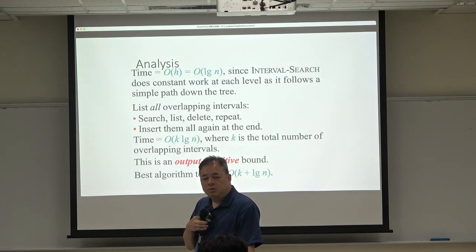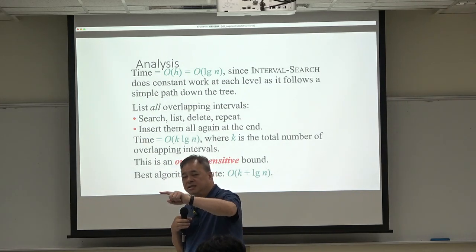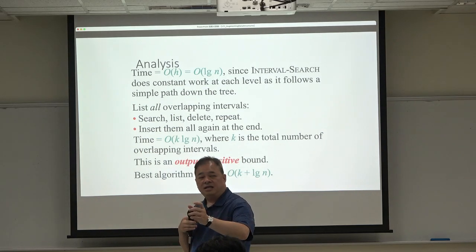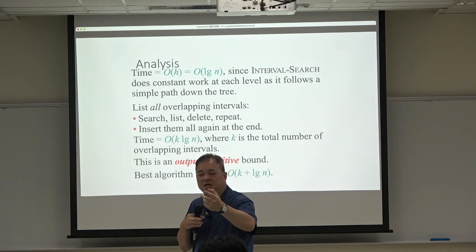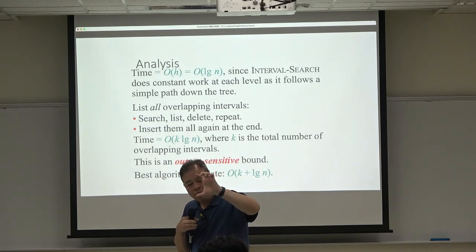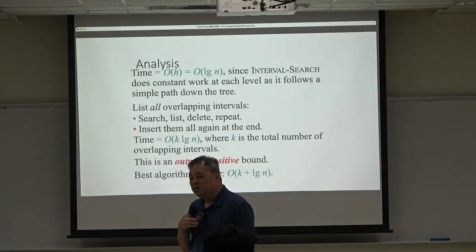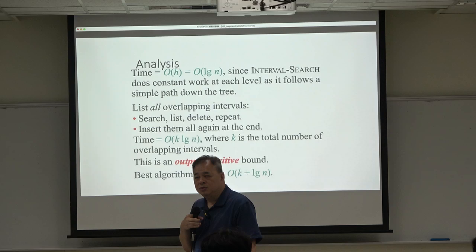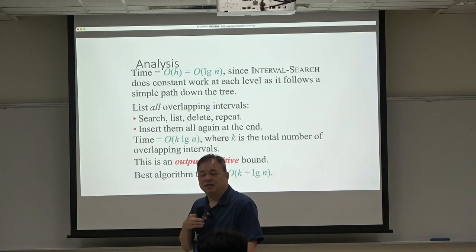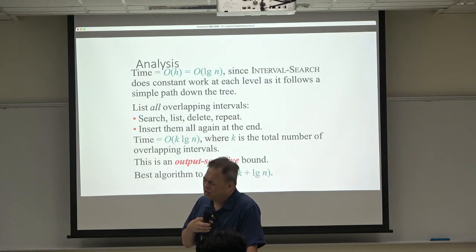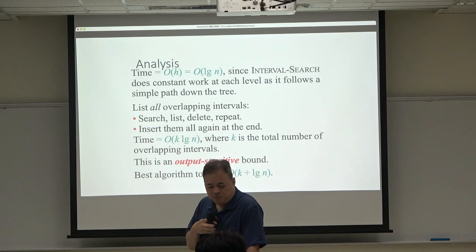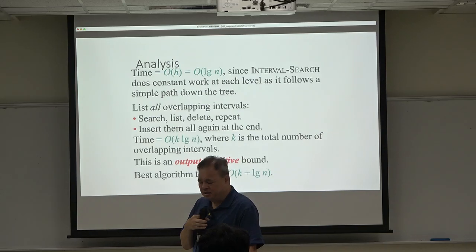Well, you could say, I just check all C(n,2) pairs: take any pair of line segments and check if they intersect or not. Checking whether two line segments intersect takes constant time. In high school you learned how to compute this.